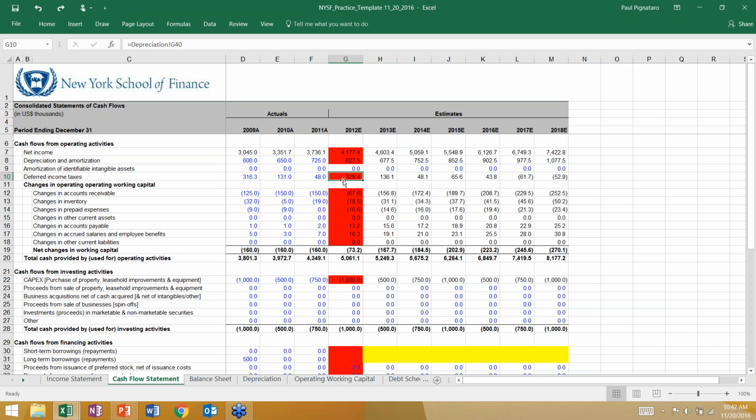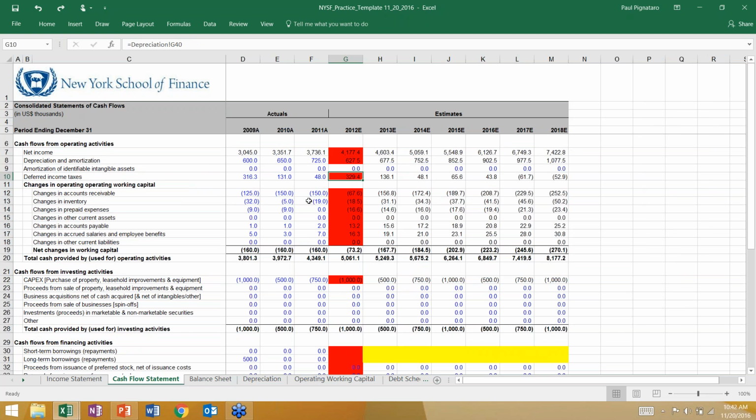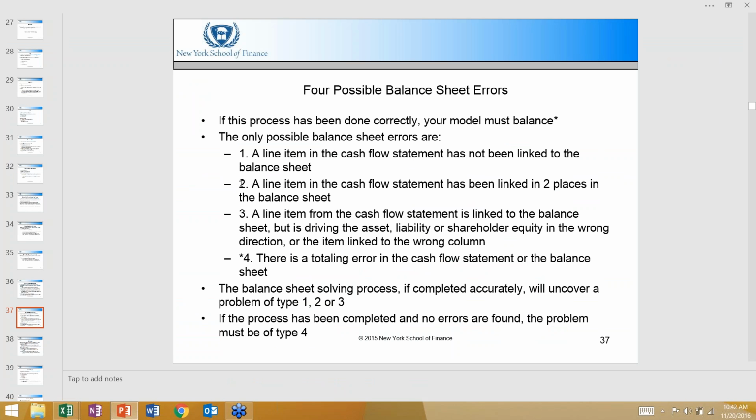A cash flow statement line item should be used in the balance sheet once and only one time. Again, this is why it's very important that you check things off as you go along to avoid double counting. So in other words, if I had linked deferred taxes into deferred tax assets, and then I got to the deferred tax liabilities, I said, oh, deferred taxes could go there, and it's highlighted, and I said, oh, I already used it. It would avoid this type 2 problem. Line item in the cash statement has been linked in 2 places.